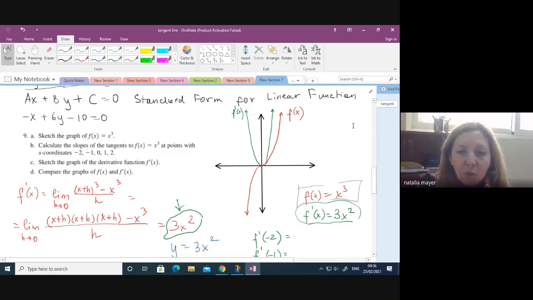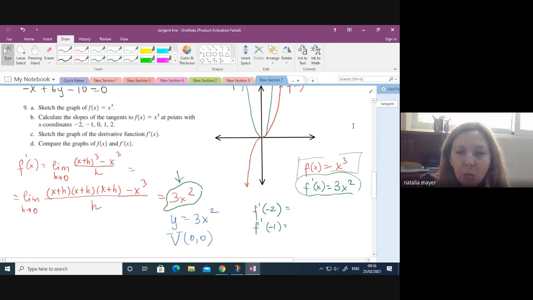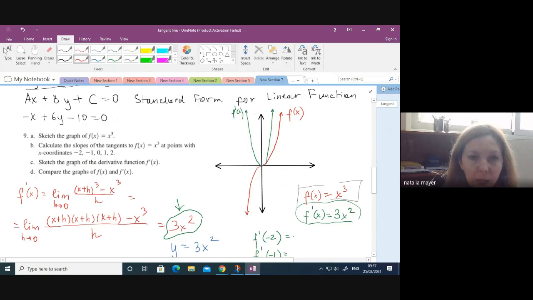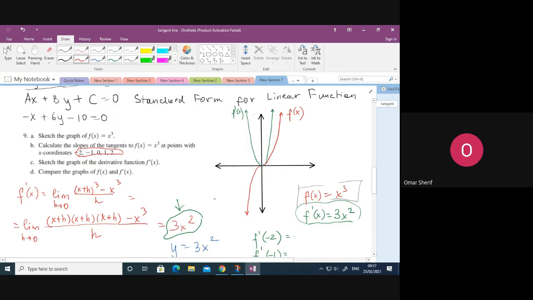So now we're going to think about inputs and outputs of the original function and derivative function. We'll start with the original function, and this is what you were supposed to do at home, to find the slopes for each of the following points with these x coordinates. So we just substitute it, correct?